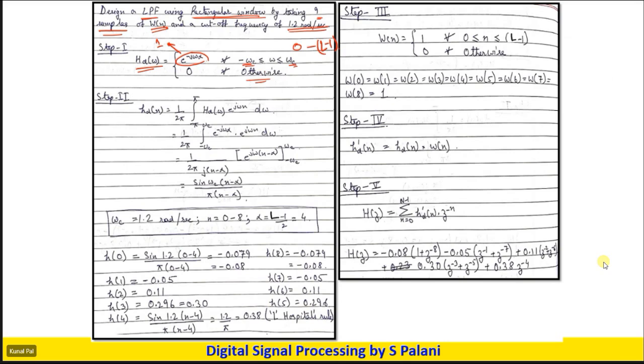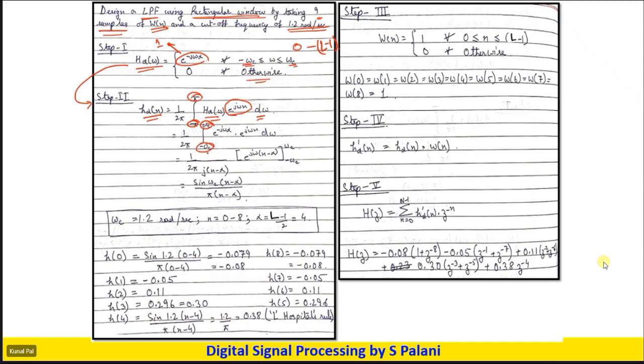Now, from here we get to step 2 and we apply the same formula. We have hd n, which is equal to 1 by 2 pi integral of minus pi to pi Hd omega e to the power j omega n d omega. Now we replace these pi values with omega c and minus omega c.